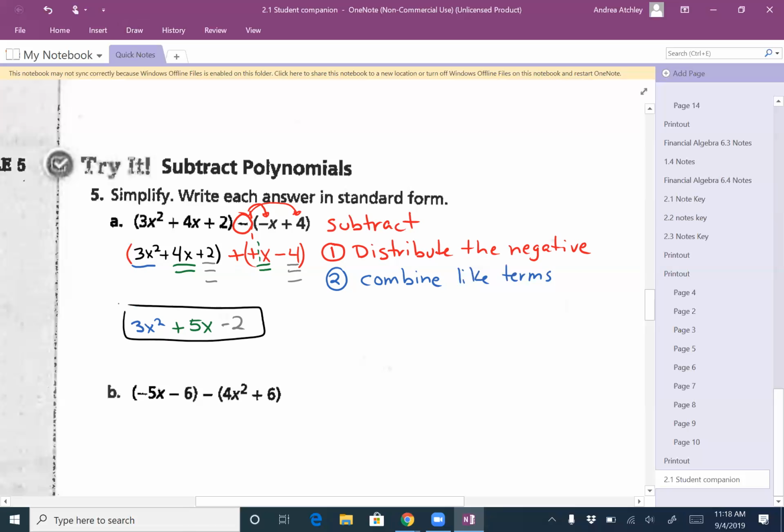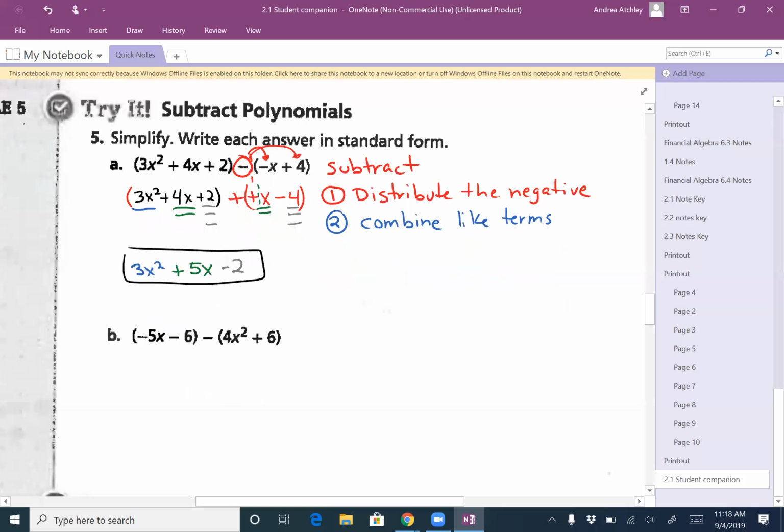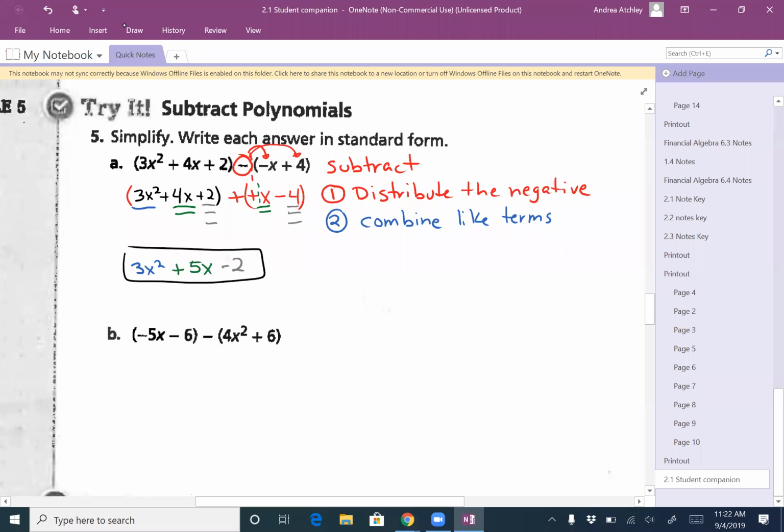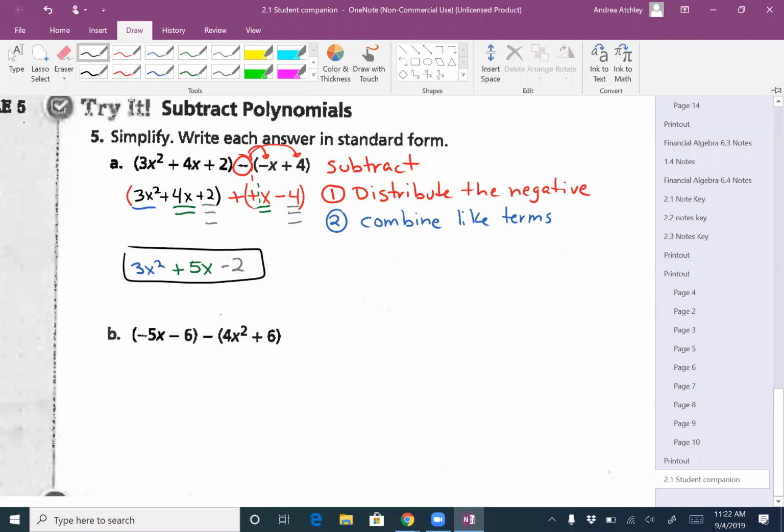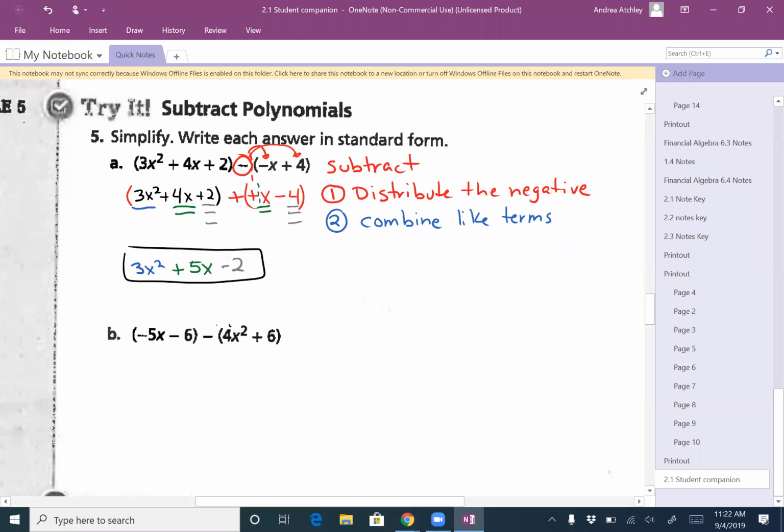Any questions over that? Okay, I'm going to have you guys do the next one. Okay, you have to distribute that negative first. It becomes -4x squared and a -6 plus -5x minus 6.